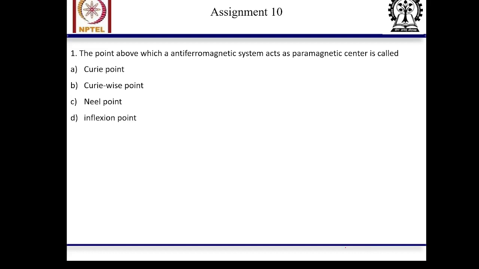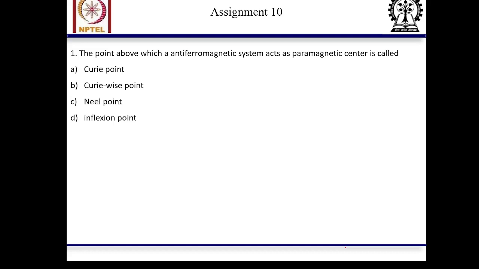So the first question is: the point above which an antiferromagnetic system acts as a paramagnetic center is called the Curie point, Curie-Weiss point, Neel point, or inflection point. I will wait for a few seconds, and if you people can answer, it's fine.